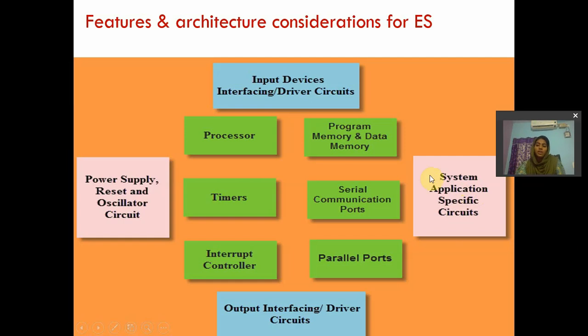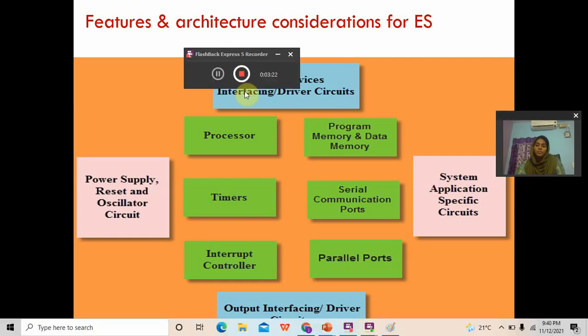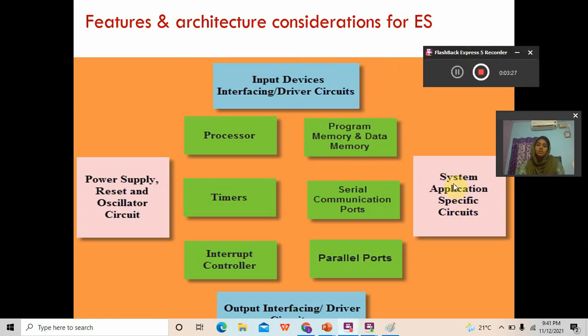So any embedded system can perform a unique task. We have system application specific devices, the processor, different types of processors we are using, and program and data memory. We have two types of memories: one for data, RAM, and the second one is program memory, nothing but ROM.